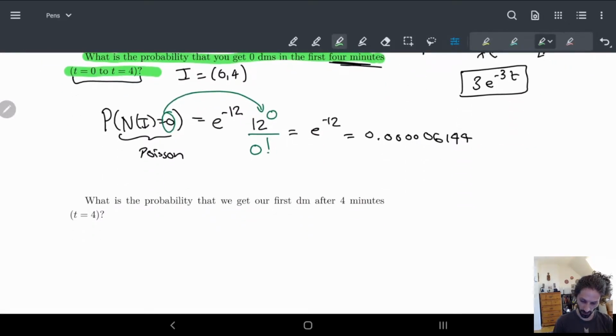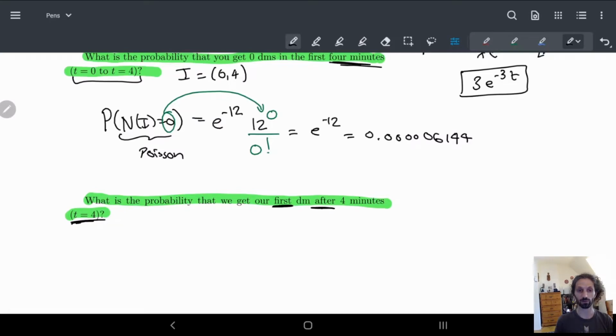So let's ask now a different question. The next question is, what is the probability that we get our first DM after 4 minutes? In this case, we're looking at t equal to 4, and we're really talking about the first DM after 4 minutes. Here you should think, oh, I'm looking at time intervals, as in when is the first time something happens? So this is an exponential thing.